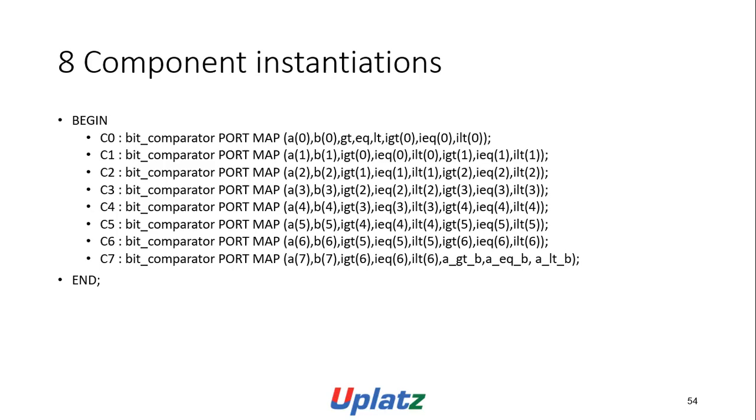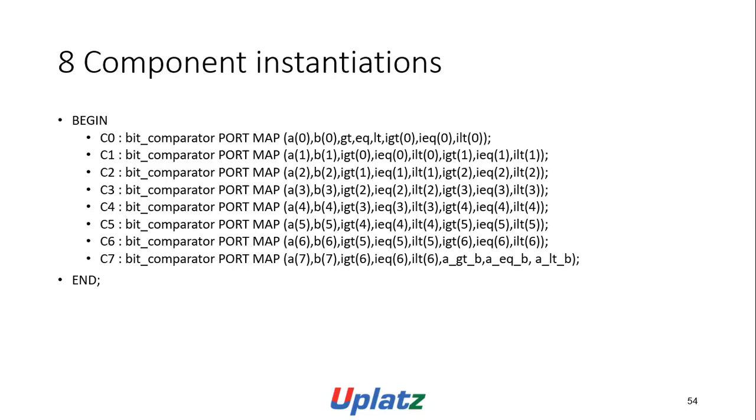C2 bit comparator port map A2, B2, IGT 1, IEQ 1, ILT 1, IGT 2, IEQ 2, ILT 2. C3 port map A3, B3, IGT 2, IEQ 2, ILT 2, IGT 3, IEQ 3, ILT 3. C4 A4, B4, IGT 3, IEQ 3, ILT 3, IGT 4, IEQ 4, ILT 4. C5 port map A5, B5, IGT 4, IEQ 4, ILT 4, IGT 5, IEQ 5, ILT 5.